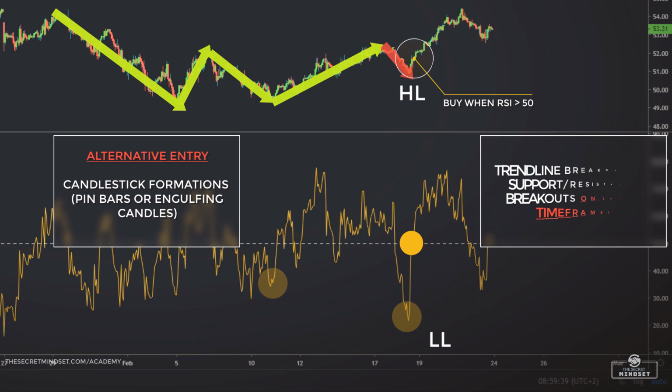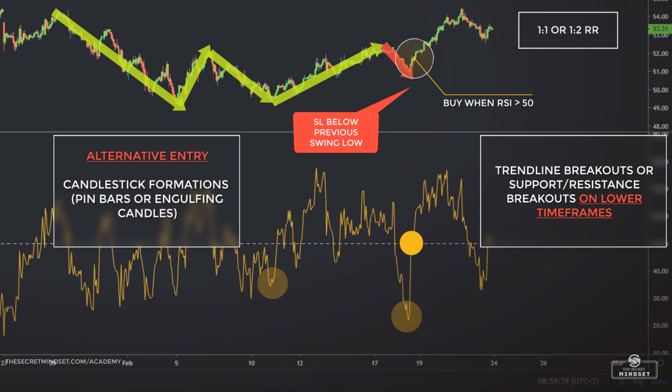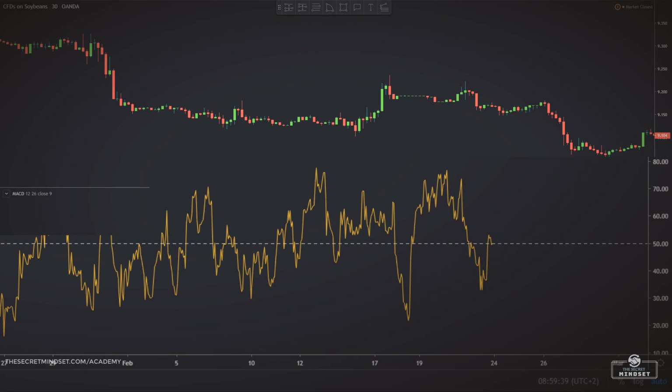Also, trendline breakouts and breakouts of a key resistance on a lower time frame are also very strong signals that the hidden divergence could prove to be successful. After the entry of the trade, the stops are placed at the higher low in price. Following this, aim for a 1-to-1 or a 1-to-2 risk-reward setup. As you can see in this example, the price action eventually reached our target.